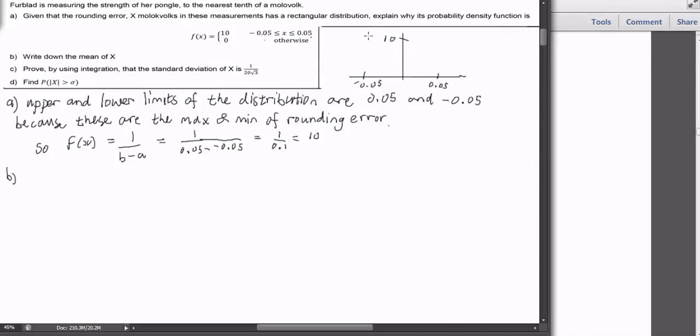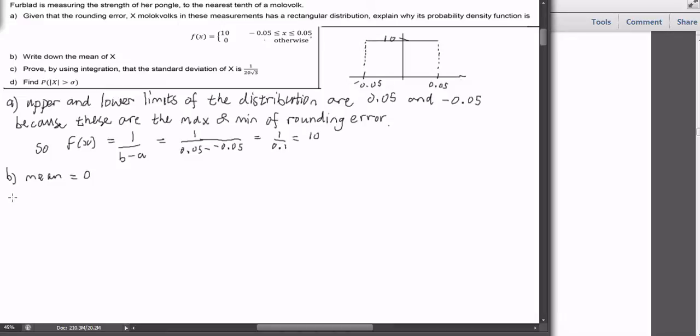And we know that the probability distribution is symmetrical, and therefore the mean is in the middle. Well, they're either side of 0, so the mean is 0.